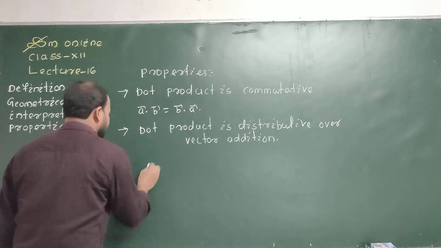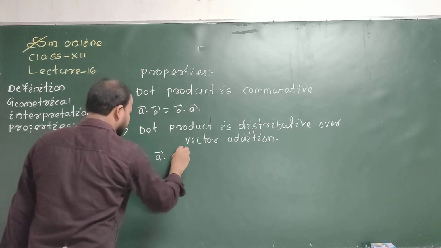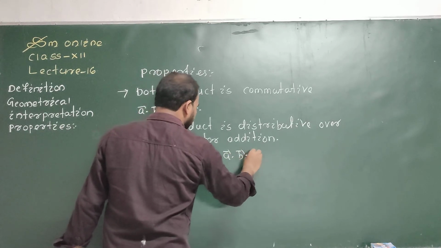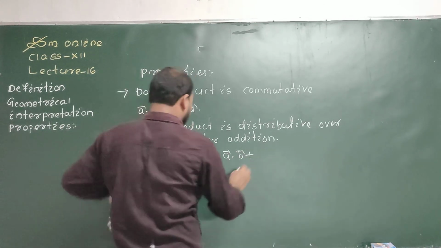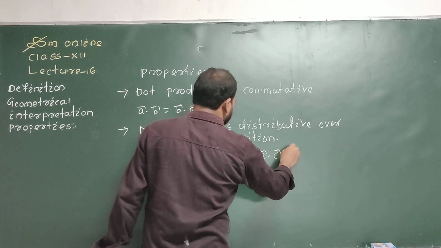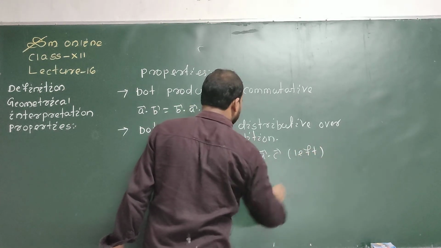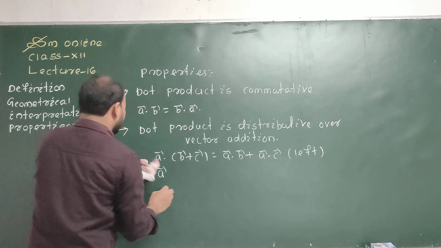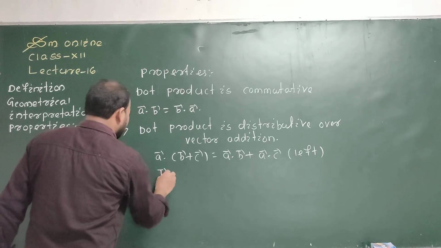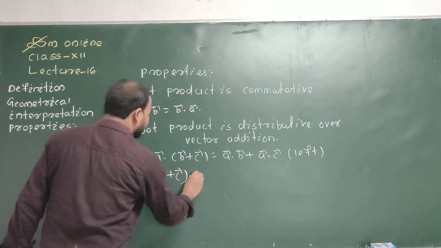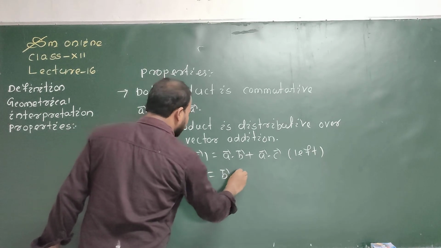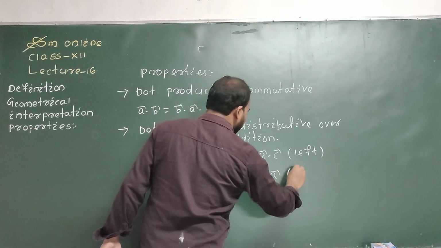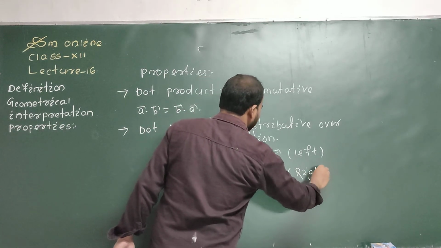That is, vector A dot (vector B plus vector C) equals vector A dot vector B plus vector A dot vector C. This is called left distribution. And (vector B plus vector C) dot vector A equals vector B dot vector A plus vector C dot vector A. This is right distribution.